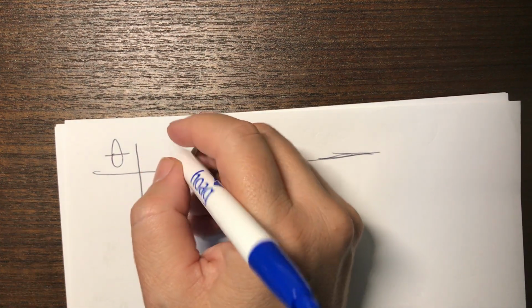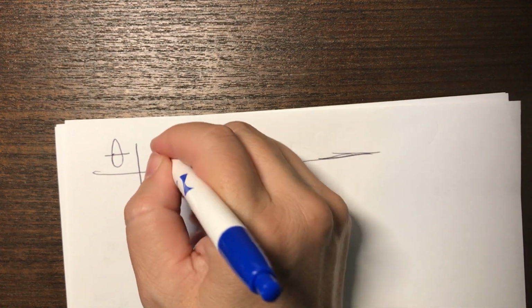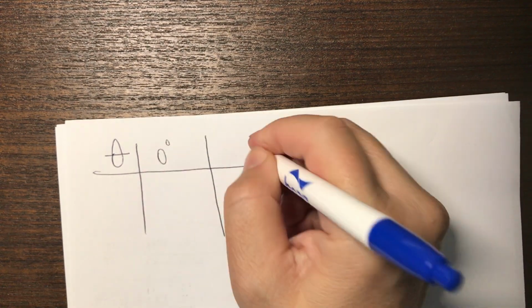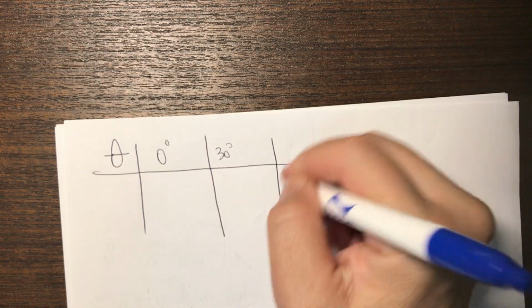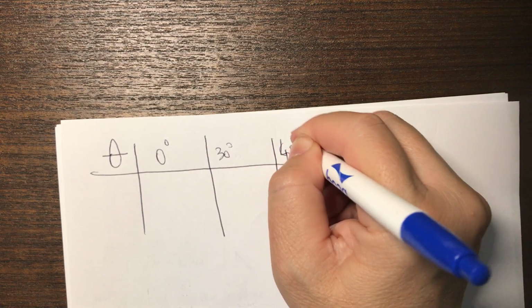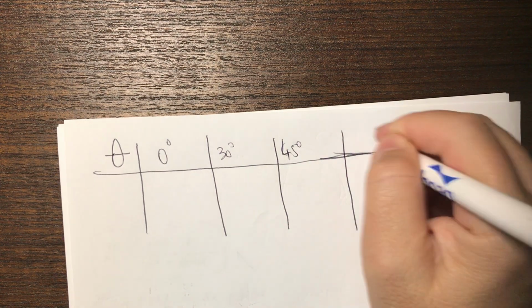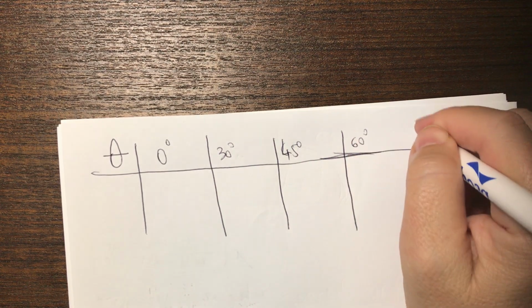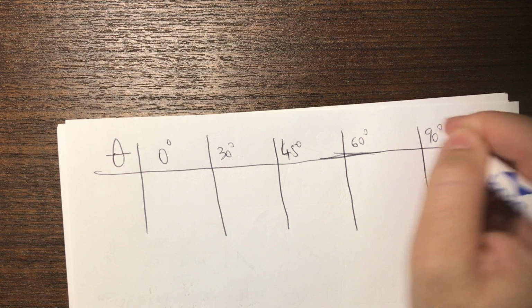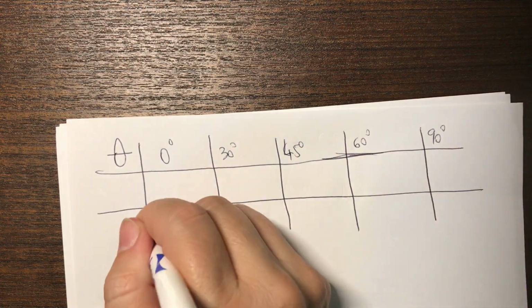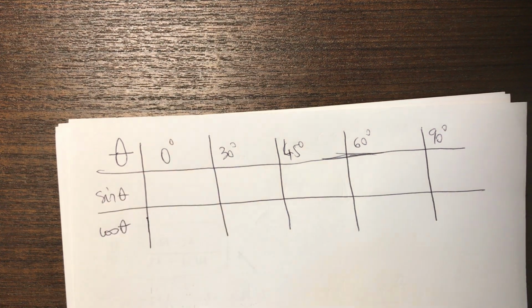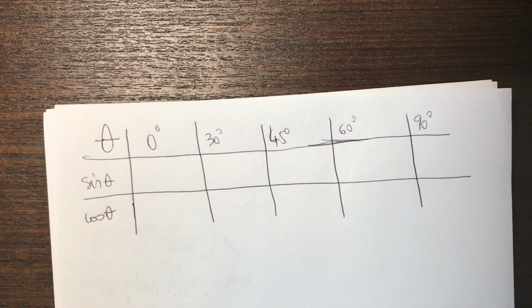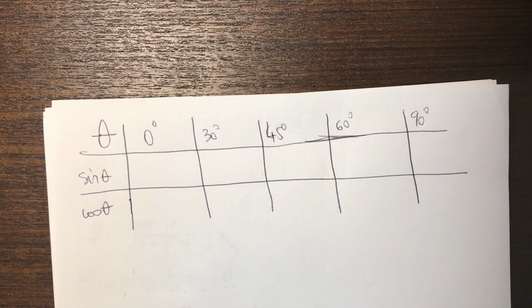So I'm going to put them here from smallest to largest: 0, 30, 45, 60, and 90. Okay, and for this section, as I said, we're only going to go over sine and cosine. The others are following in the next section. Of course, tangent, cotangent, secant, and cosecant are what's coming up.